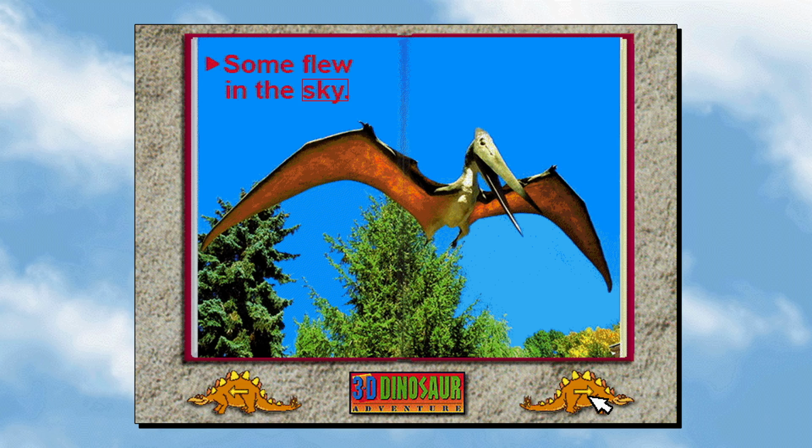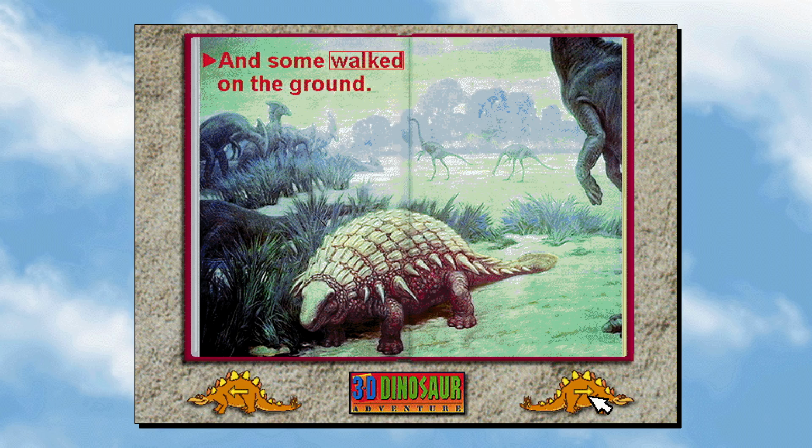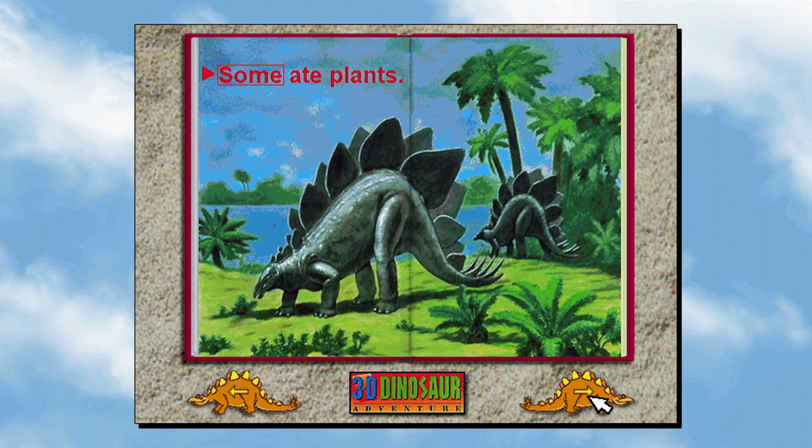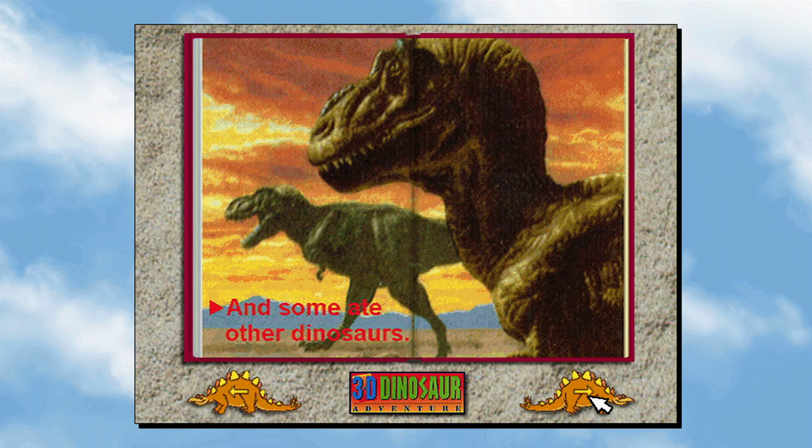Some flew in the sky. And some walked on the ground. Some ate plants. And some ate other dinosaurs.